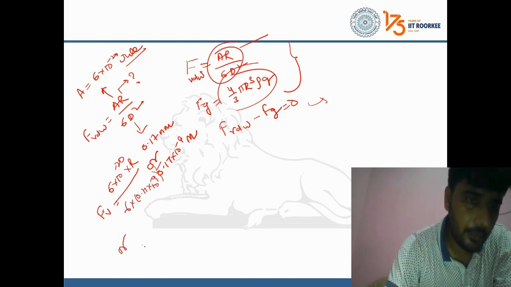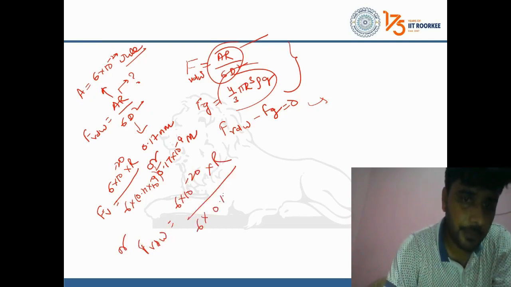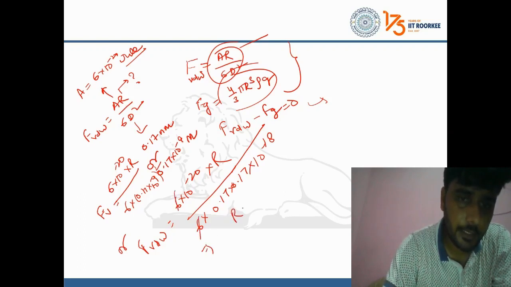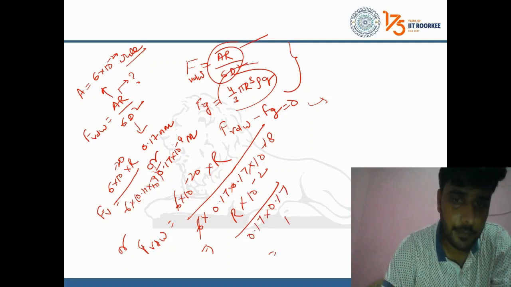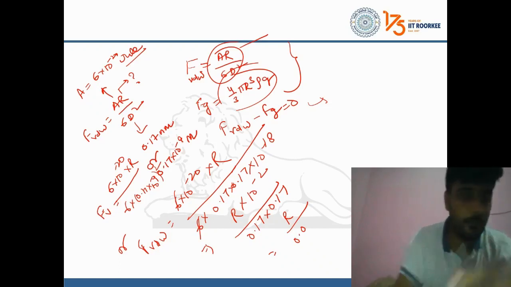Or van der Waals force will be 6 R divided by 6 times 0.49 times 10 raised to minus 18. So this will be cancelled out, and R times 10 raised to minus 2 and 0.49, so R is equal to, let me calculate this term.